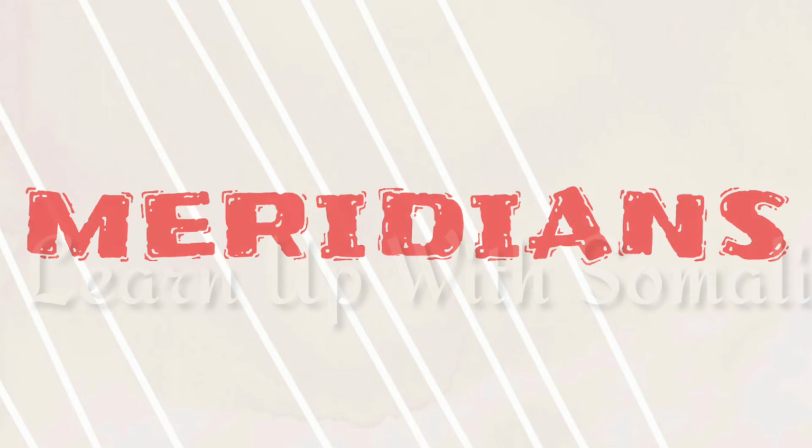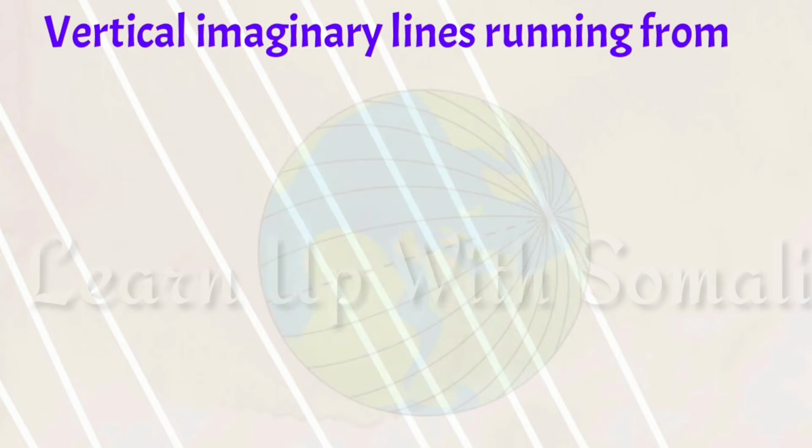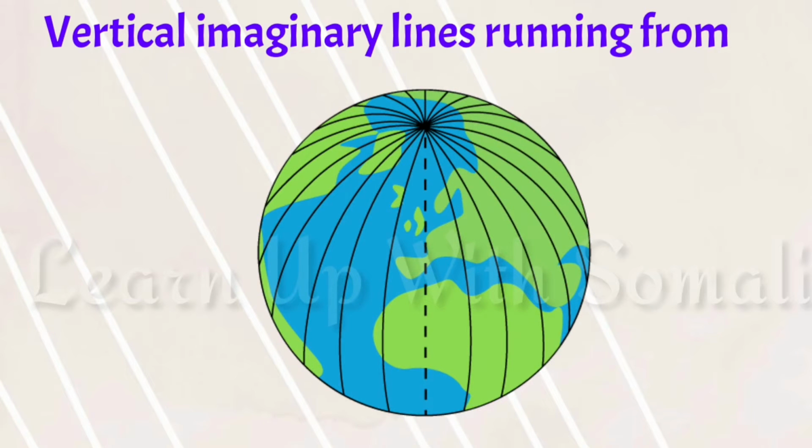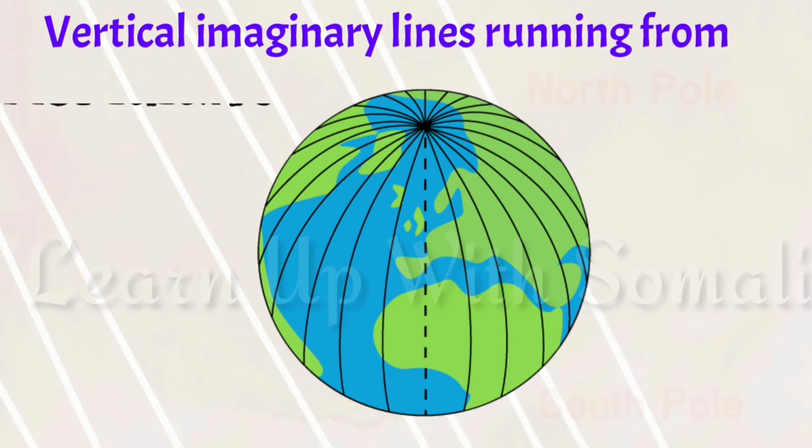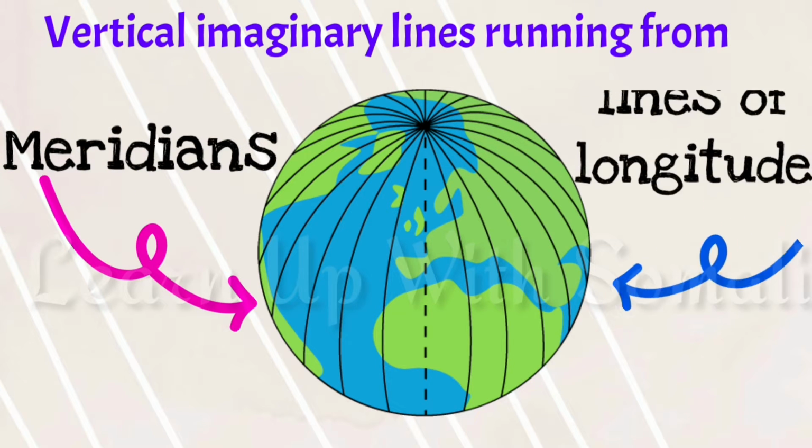Now let's know more about the meridians. Vertical imaginary lines running from North Pole to South Pole are called the meridians or lines of longitude.